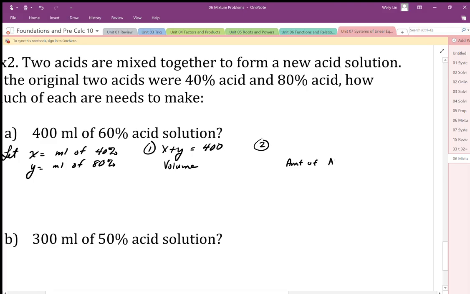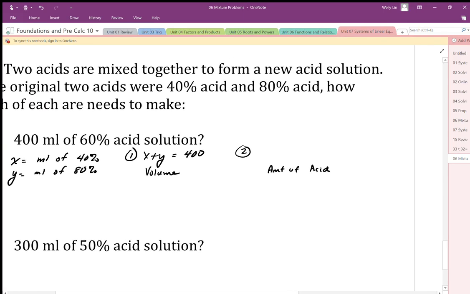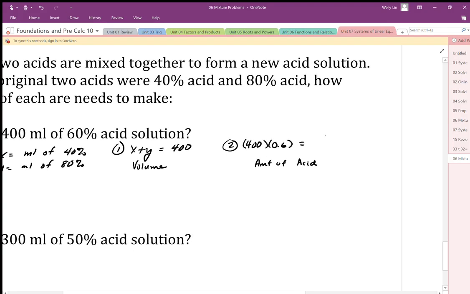I don't want to work with a percentage. I'm just going to work with the actual amount of acid. So the total amount of acid is going to be 400 milliliters at 60%, so we multiply that by 0.6. That represents the total amount of acid, and the total amount of acid comes partly from 40% and partly from 80%.